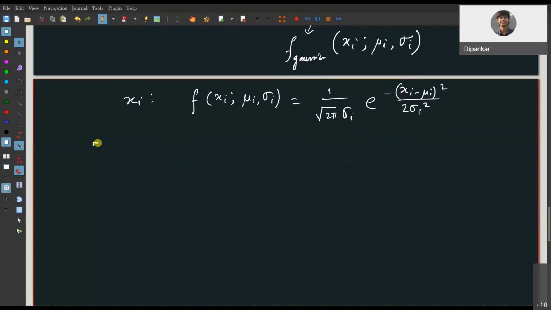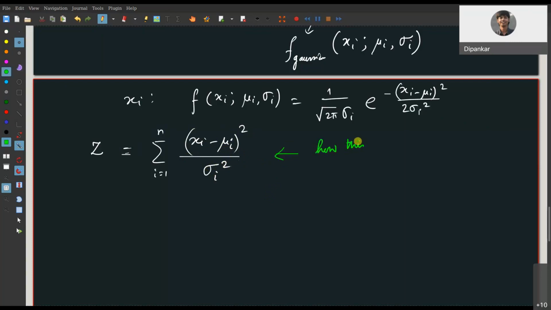Now if this is true, then the quantity z, which I define as the sum over i equals 1 to n of (x_i minus mu_i) whole square over sigma_i square, how will this z be distributed?